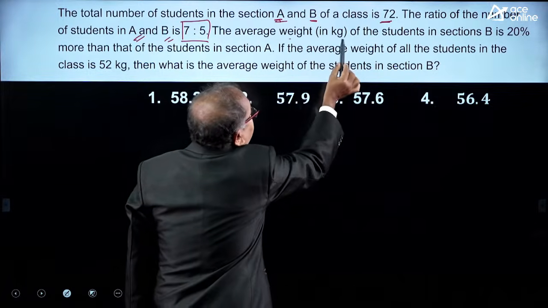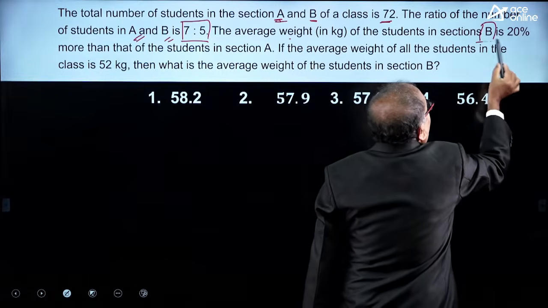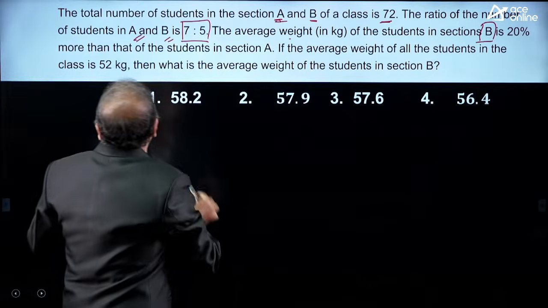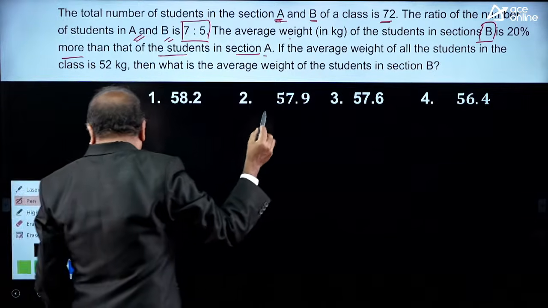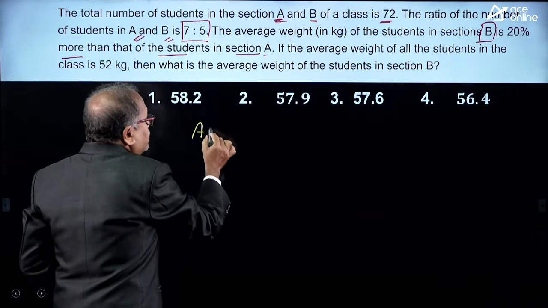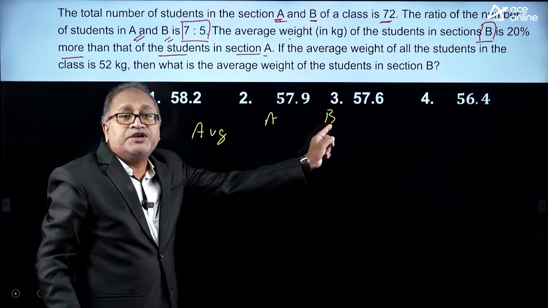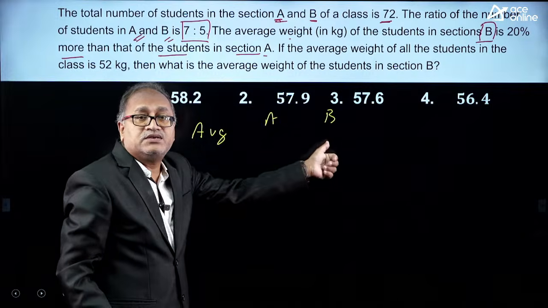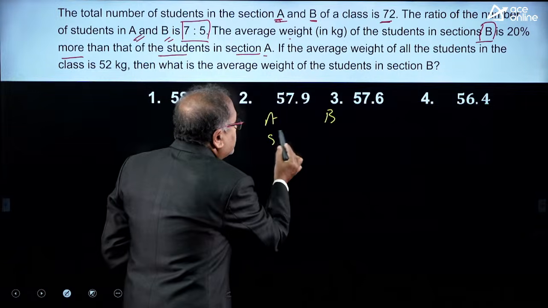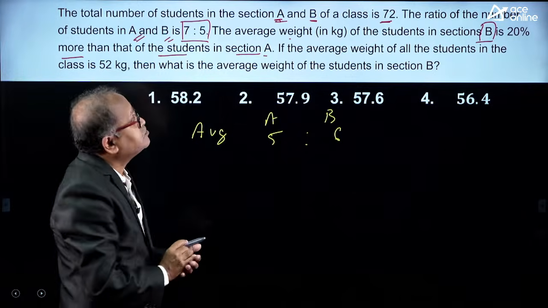The average weight of the students in section B is 20% more than that in section A. So the average weight is already given to us about A and B. B is 20% more than A. So what will be the ratio? If this is 100, this is 120, that means the ratio of the averages is 5:6.